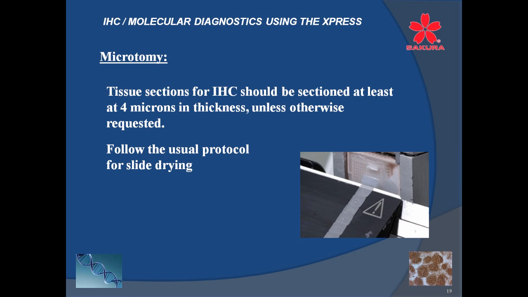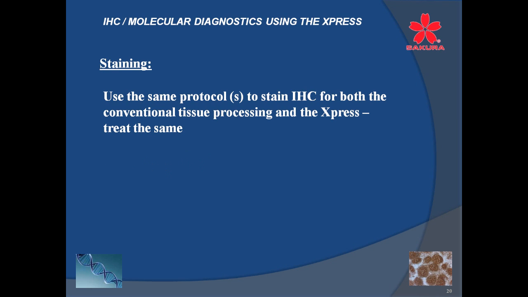And then follow your usual protocol for drying the slides, and we'll talk about that as well momentarily. Staining, you use the same protocols to stain IHC for both conventional tissue processing and Xpress. You should treat them the same in the validation process, which we're going to go over momentarily, but you should treat them the same as you're doing this.